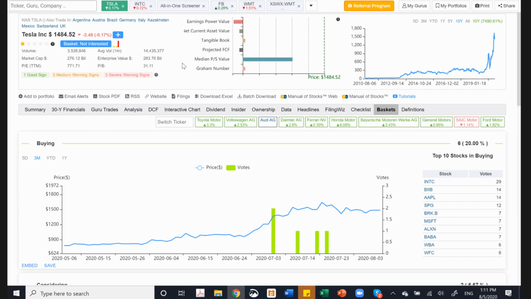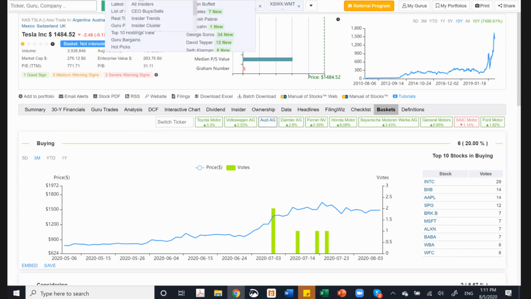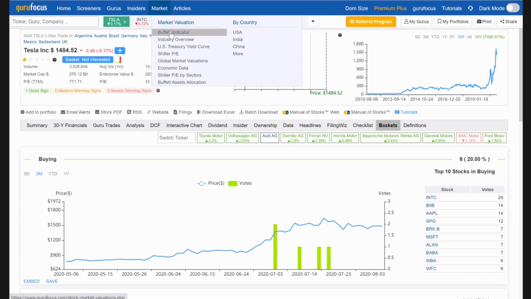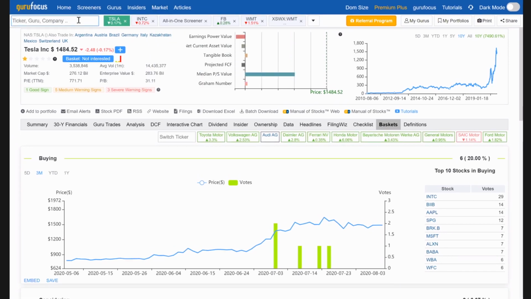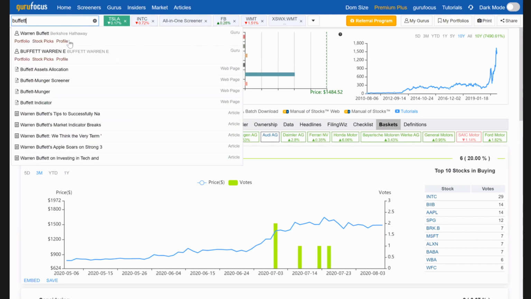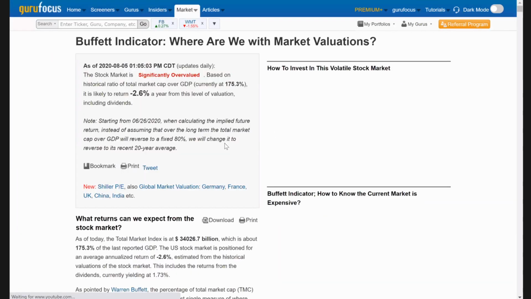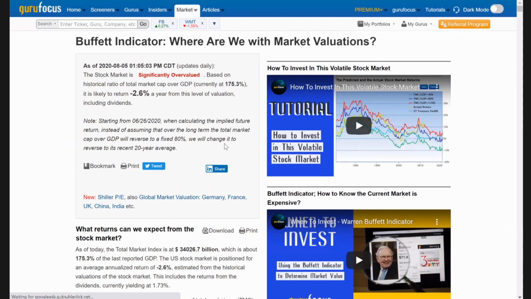Okay, I mentioned the Buffett indicator, and let me come to it here. It's under market. Of course, you can search it. If I just search Buffett here, you can see the Buffett indicator. I'm not sure how familiar our users are with this, and I talked about this many times before.